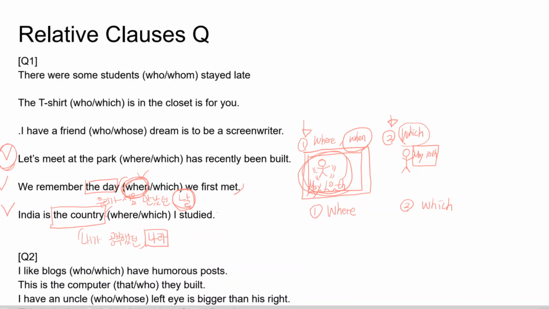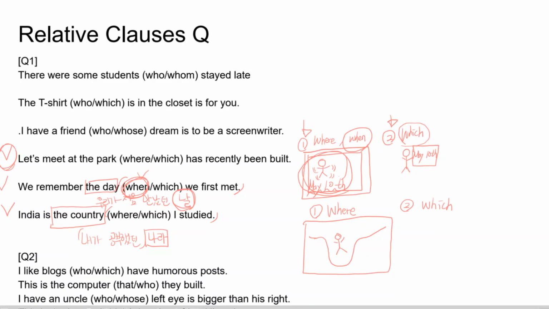내가 공부했던 나라. So if the answer is where, the picture would look like this, right? India. Does India look like this? Might be. So if I studied in India, I would say the country where I studied, right?